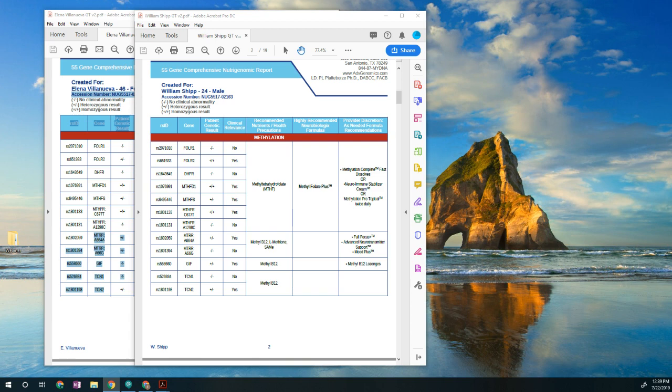Methylation genes are super important because these methylation genes drive over 250 different chemical reactions in the body. The body uses methyl groups like the body uses oxygen or like the body uses water. The body constantly uses them.